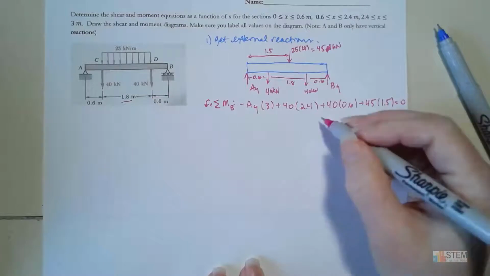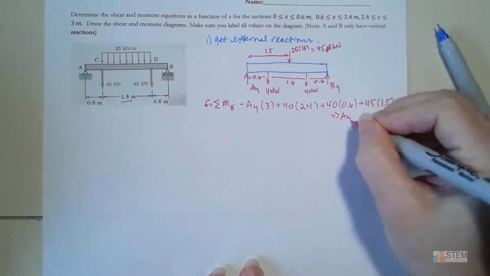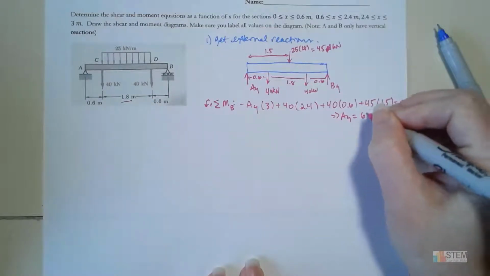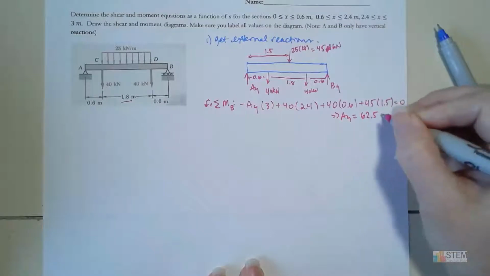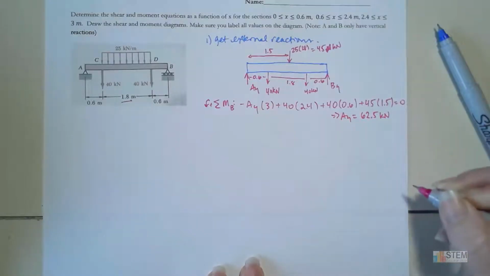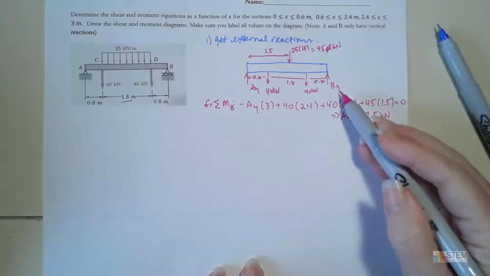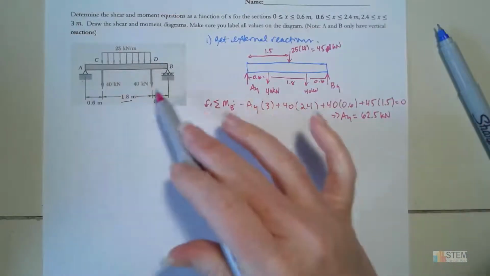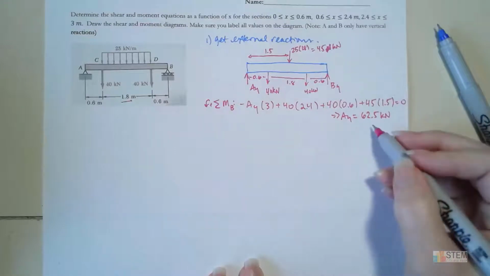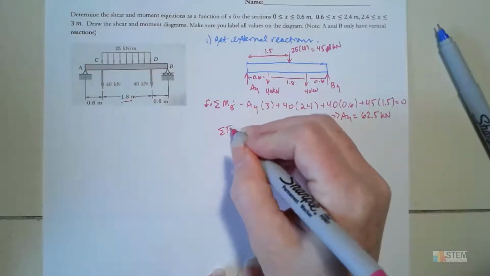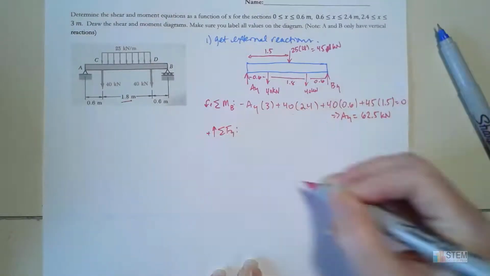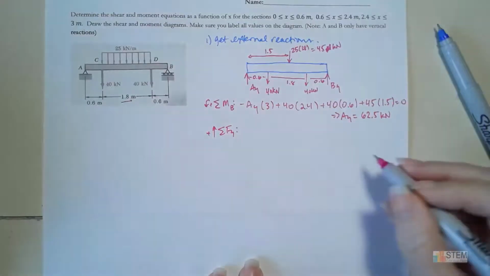Now with this, I can solve for AY, and we're going to get 62.5 kilonewtons. You can probably already guess that BY is going to be the same thing, because everything's nice and symmetric here, but we'll prove that by doing our force equation in the y direction.